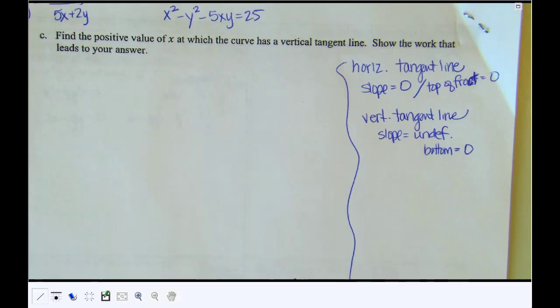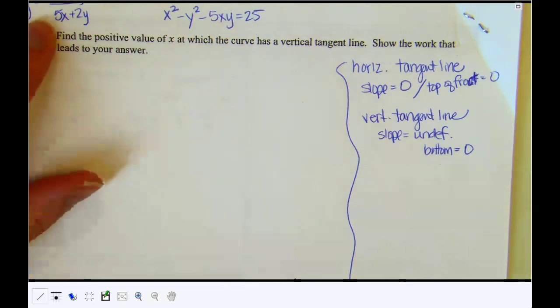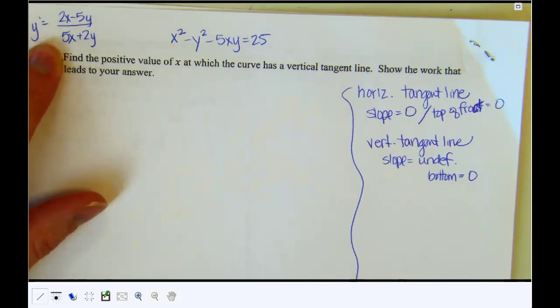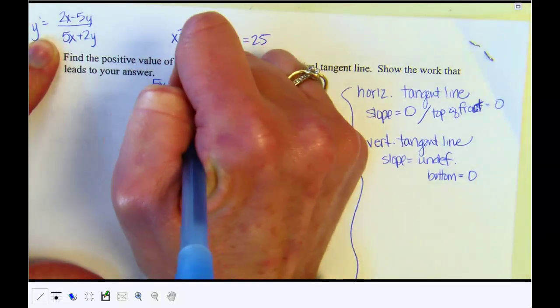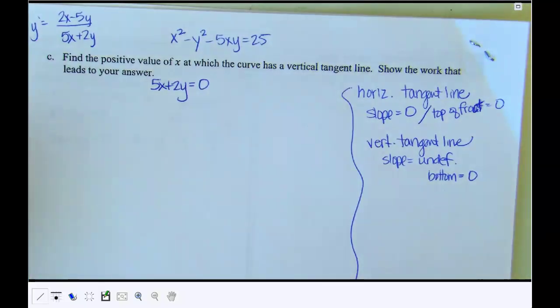Okay. If the bottom of the fraction has to equal 0, the bottom of the slope, right? Here's my slope. That has to equal 0. So 5x plus 2y has to equal 0. Now, the question wants us to find an x value where that's true.